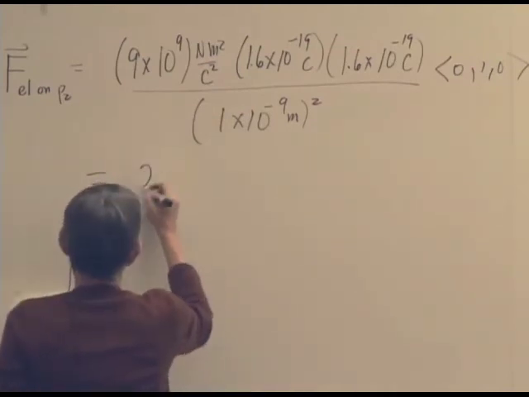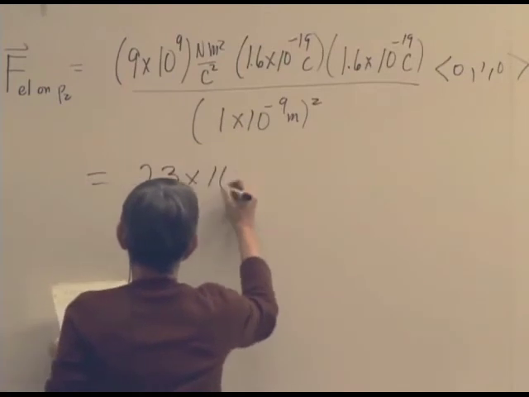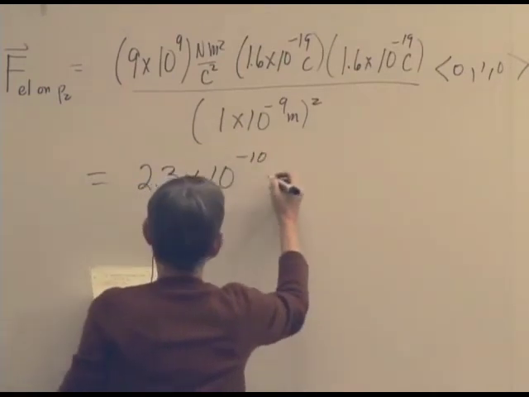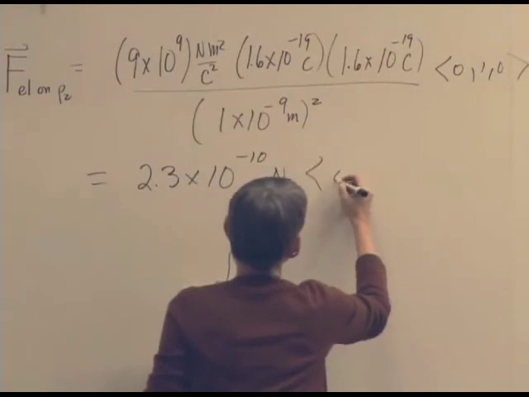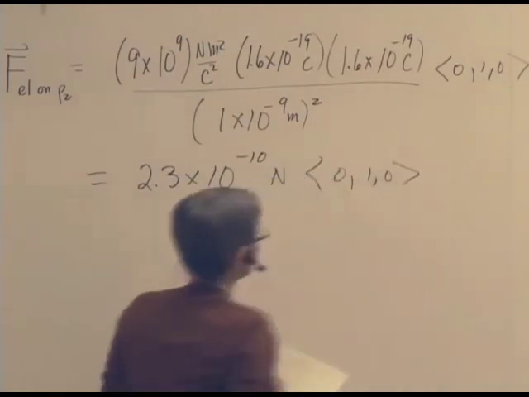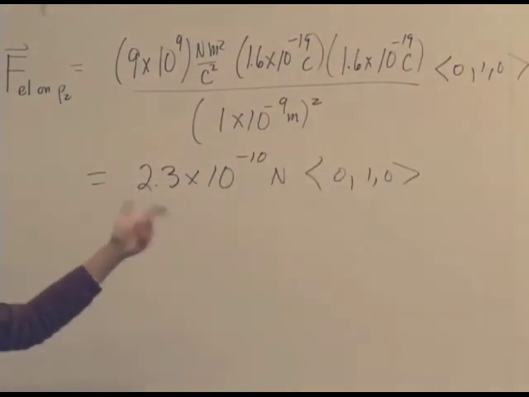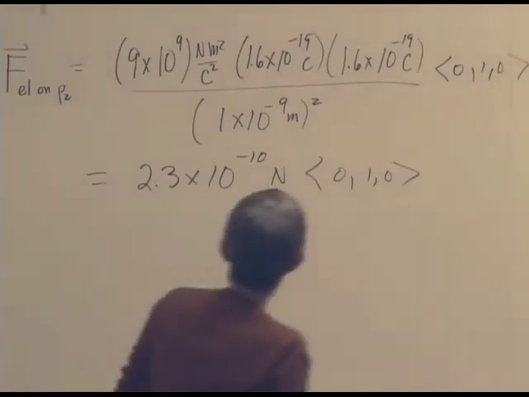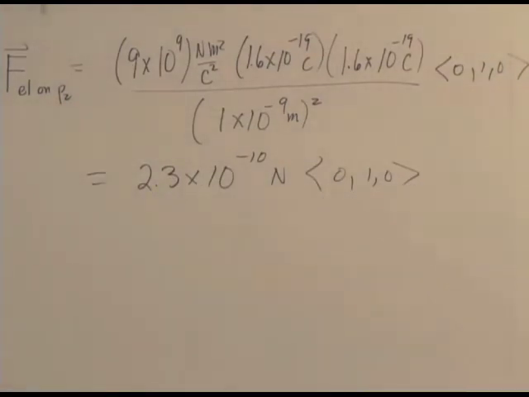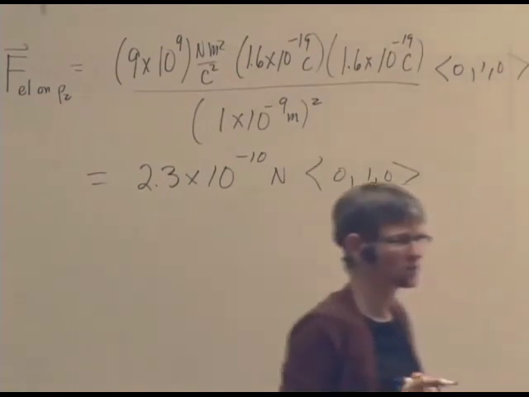So when I worked it out, I got 2.3 times 10 to the negative 10 newtons in the direction 0, 1, 0. I'm going to leave it this way because we're interested in comparing magnitudes here. You might do the calculation, make sure that you think I did it right. That doesn't sound like a very big force, although protons are pretty small.